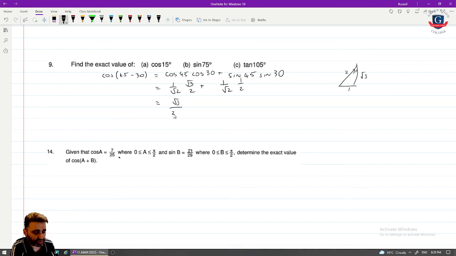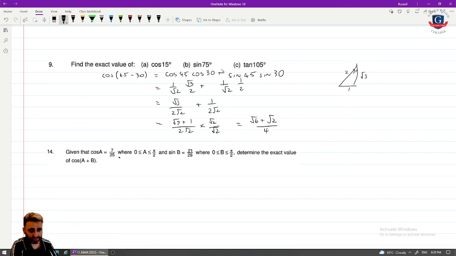Root 3 on 2 root 2 plus 1 on 2 root 2, which is equal to root 3 plus 1 on 2 root 2 multiplied by root 2 on root 2 to rationalize the denominator. It's equal to root 6 plus root 2 on 4. And we can't really simplify much further than that.